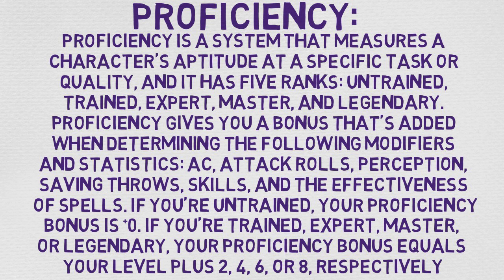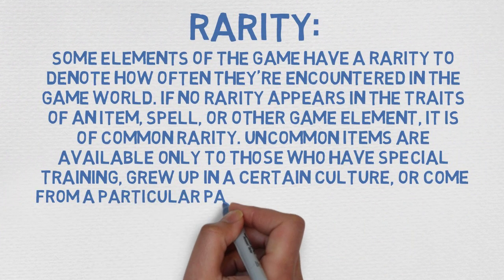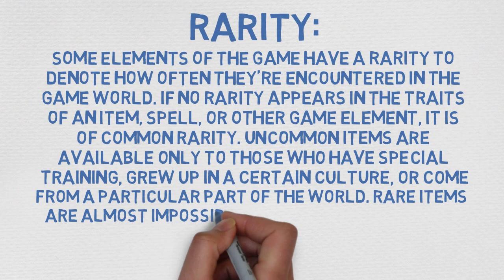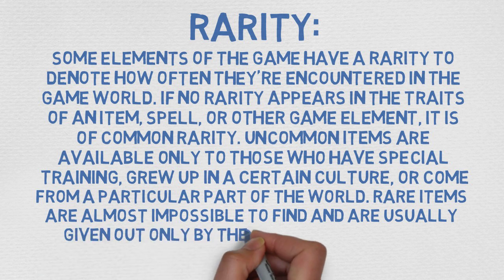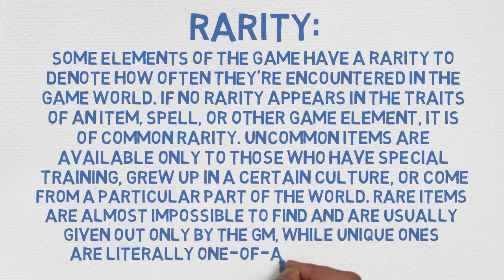Now let's move on. We're talking about Rarity now. This is something I thought was absolutely genius, but we'll get into it. Some elements of the game have a rarity to denote how often they're encountered in the game world. If no rarity appears in the traits of an item, spell, or other game element, it is of common rarity.